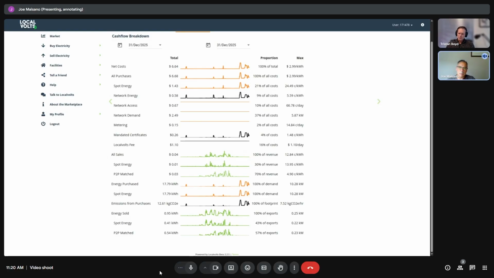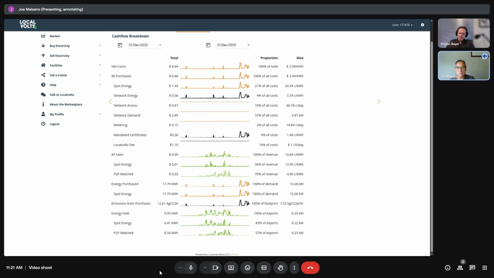So this is a summary of how much I earned from peer-to-peer versus how much I earned from spot sales. I earned 1 cent out of selling to the spot market, and I earned 3 cents out of peer-to-peer because I've sold not even a kilowatt hour.